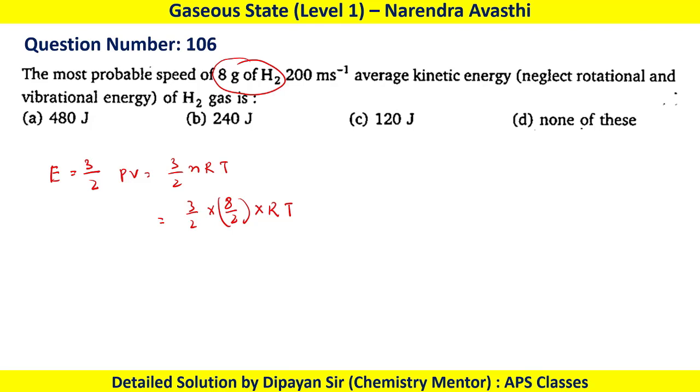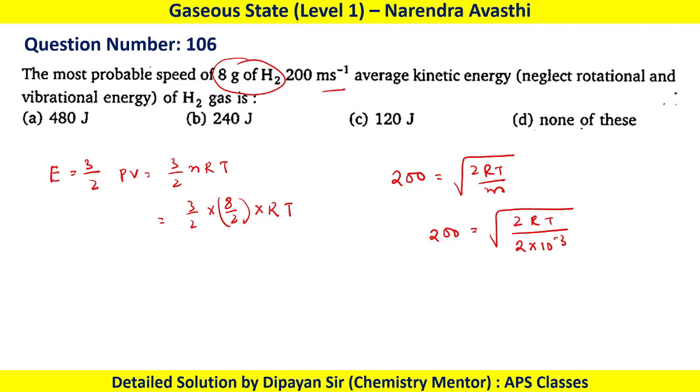See, for this question temperature is not given, so we have to find the value of temperature, or the value of RT, from 200 meter per second. So according to the problem, 200 equals root of 2RT by M, where mass will be calculated in kg, not in gram, because it is meter per second.